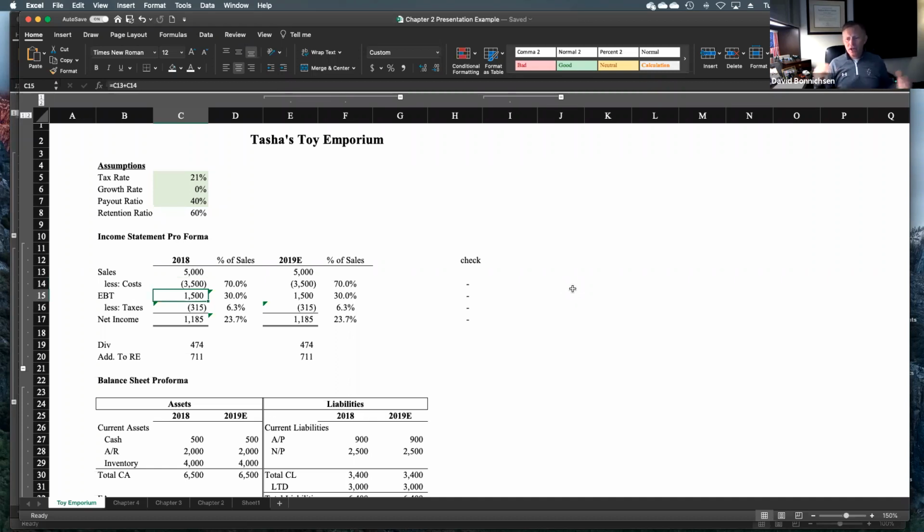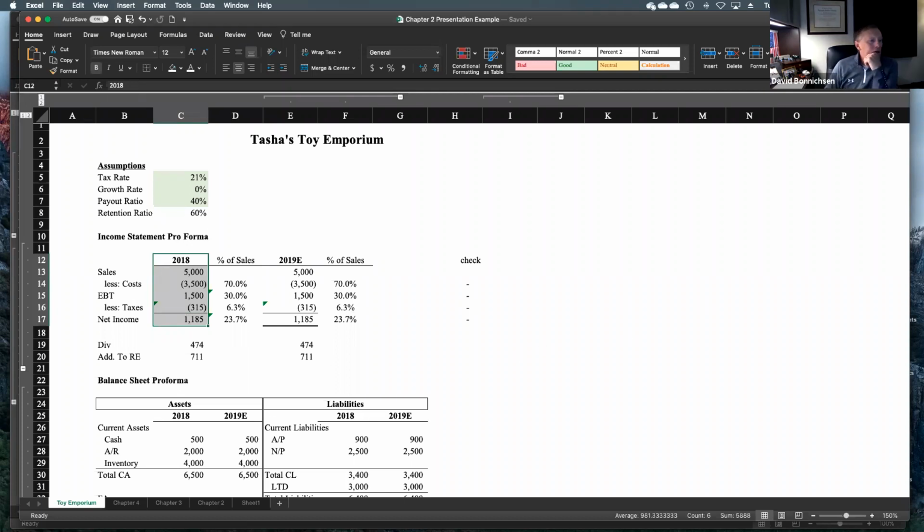There was no depreciation, there was no interest, so we can go right from sales minus costs directly down to EBT, which is how we're going to calculate taxes. It tells us that our tax rate was 21%. So therefore our taxes are 21% of the 1,500 for a net income of 1185. So that was the 2018 income statement.